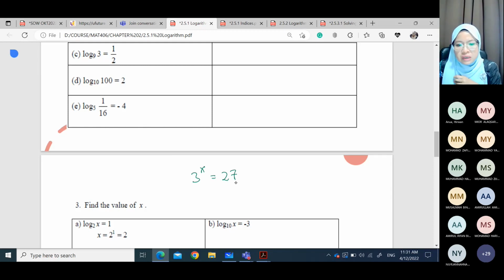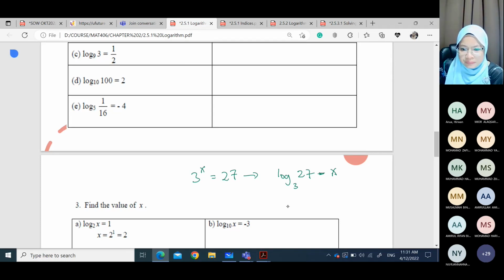So the question here is how to solve for this X. Macam mana kita nak selesaikan untuk X yang ini. Okay. So in order to solve for this X, we can form it into logarithm form dalam bentuk log. So dalam bentuk log kita tahu dah. Ini adalah log base 3. Value 27 equal to X. So, kita boleh dapatkan nilai X dekat sini. Okay.